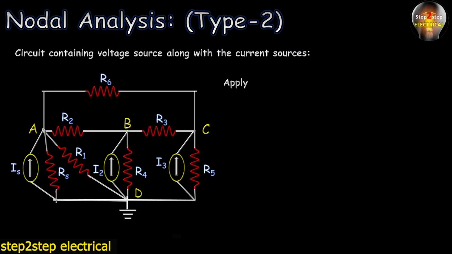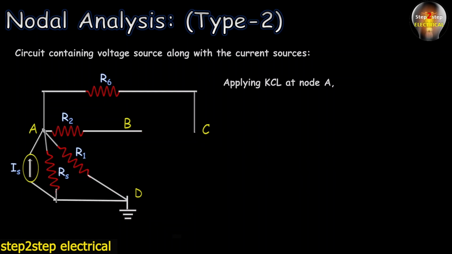Now we will apply KCL at node A. Remove all the elements and branches that have no concern with node A while applying KCL at node A. So let's remove them, and here as we remove we get this. Before writing the KCL equation, the first thing you have to assume is which of these currents enter the junction and which leave the junction.